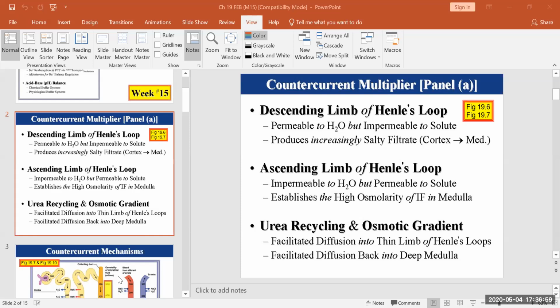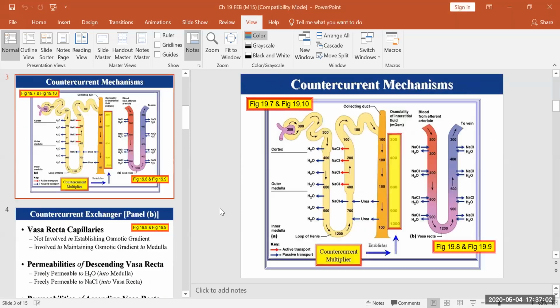So moving on to the picture. This picture here is the equivalent on figure 19.7, page 539, and figure 19.10 on page 541 in the Stanfield textbook.